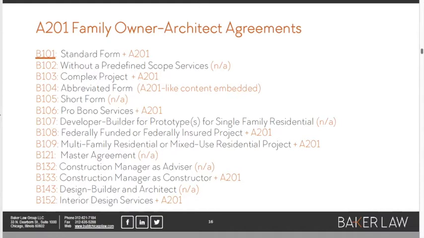And so it's not the case that every AIA contract document between an owner and an architect is necessarily going to use the A201 general conditions. You have to think about, is the architect going to be doing all of the things that are described in the A201 general conditions, which causes the word architect to be listed 300 times inside?